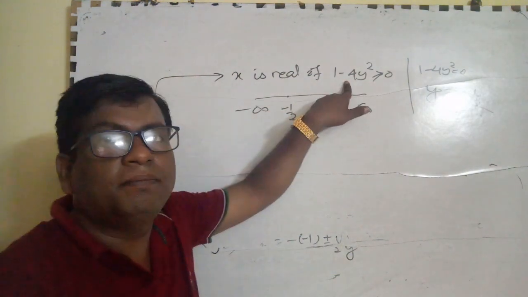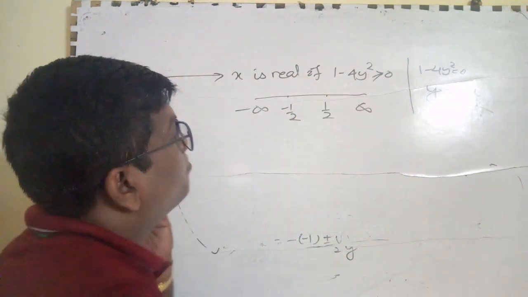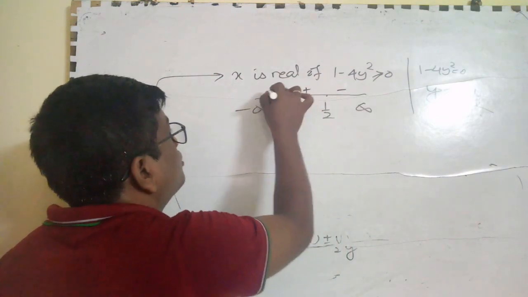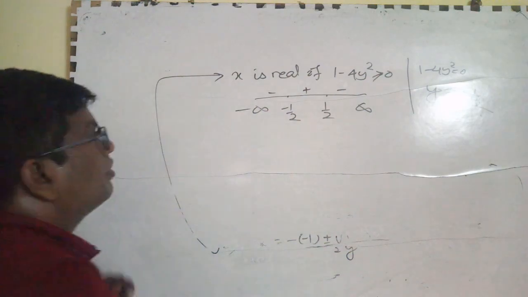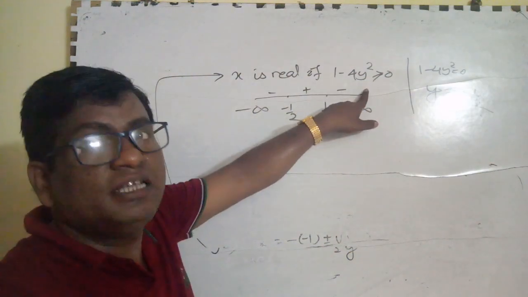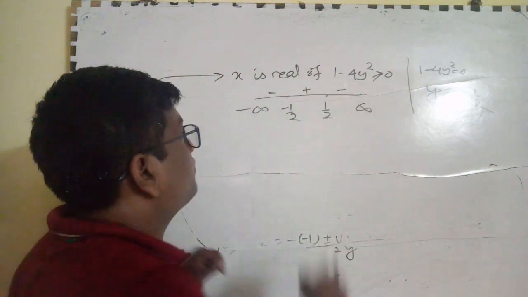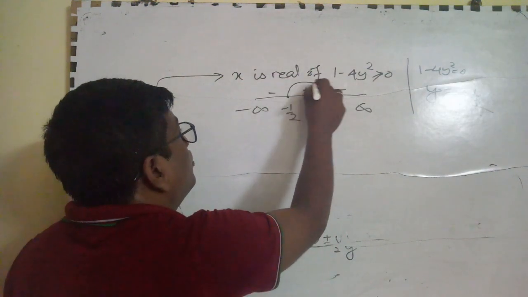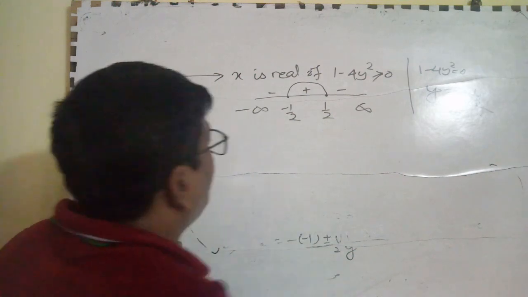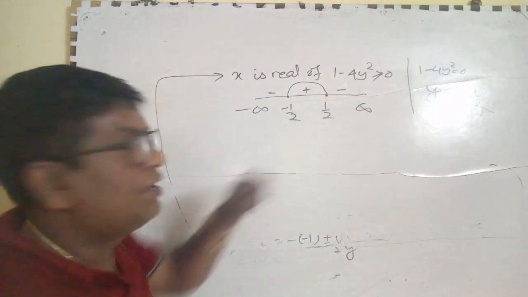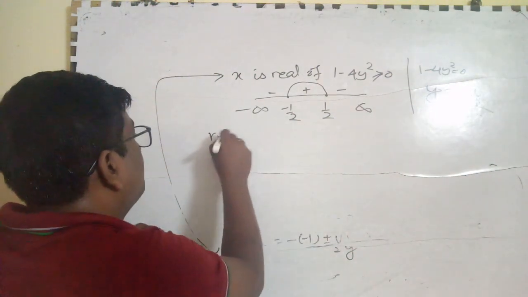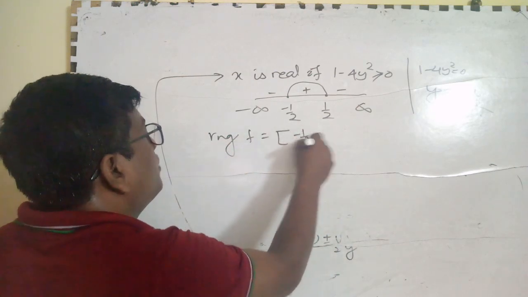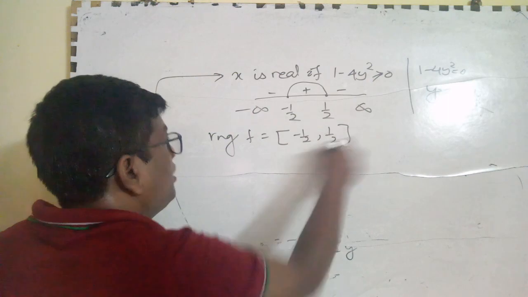Coefficient of x square is minus, so put minus sign at the right: minus, plus, minus. Greater than or equal to 0 means positive sign or 0. Where is the positive sign? This is the positive sign, so the range is this. y lies between minus half to plus half. So range of f is the closed interval minus 1 by 2 comma 1 by 2.